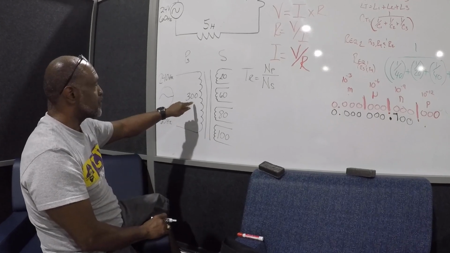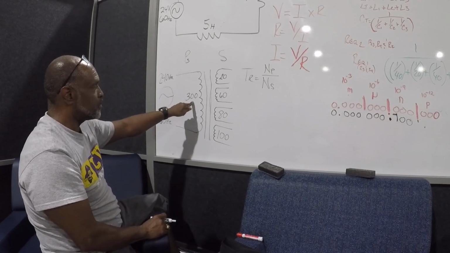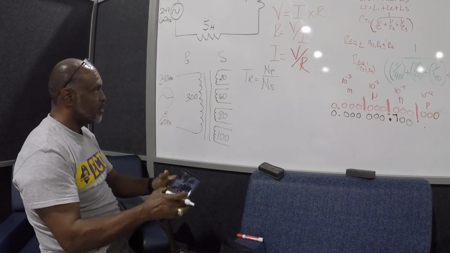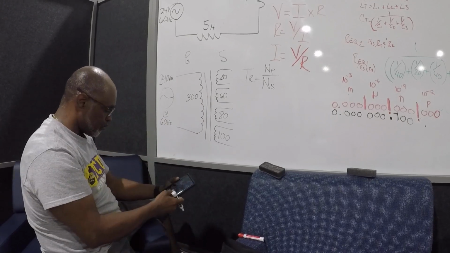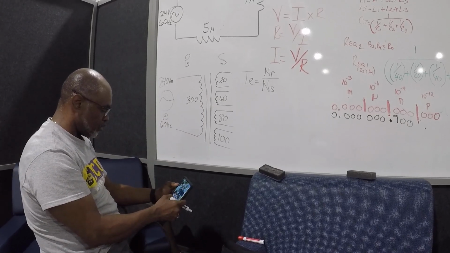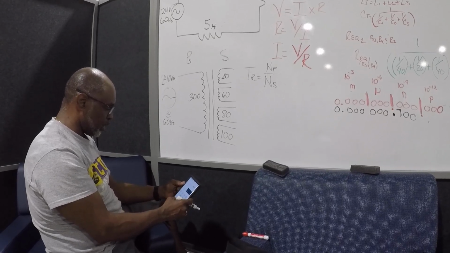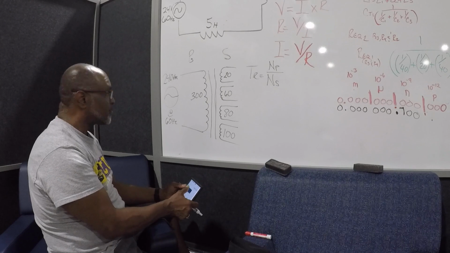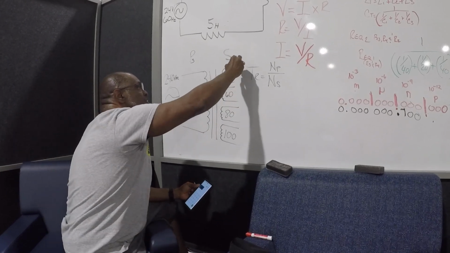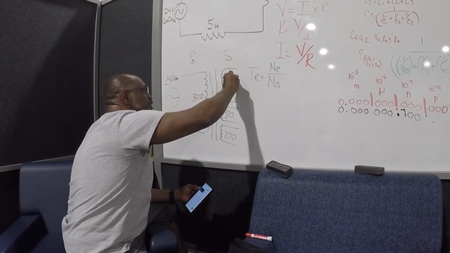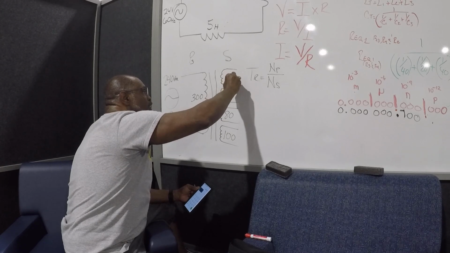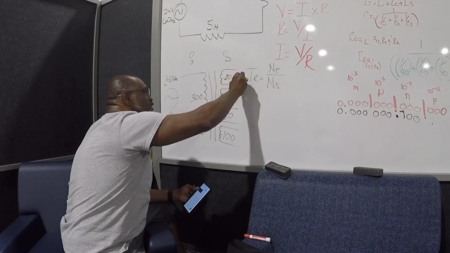So my first step would be to say 300 divided by 20 gives me the turn ratio. TR equals 15.